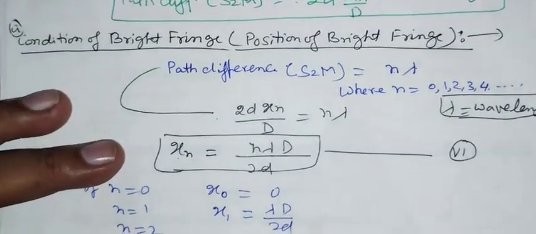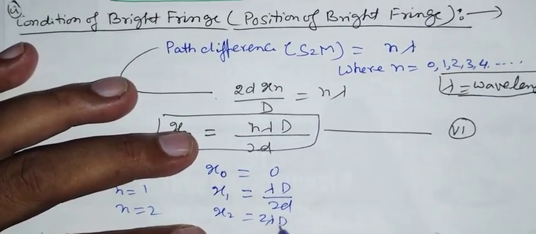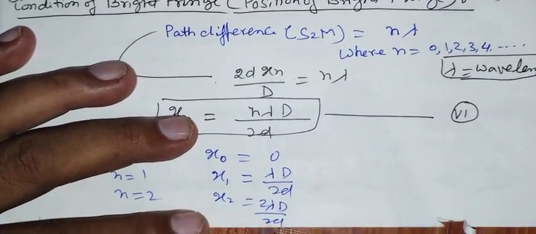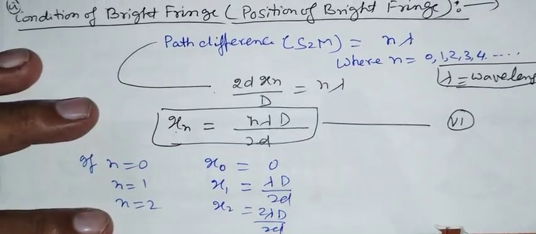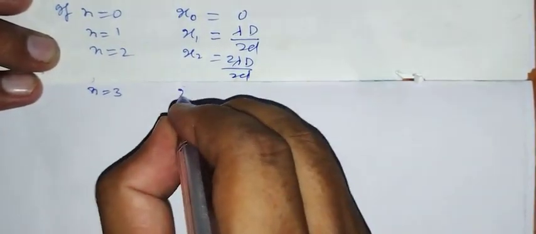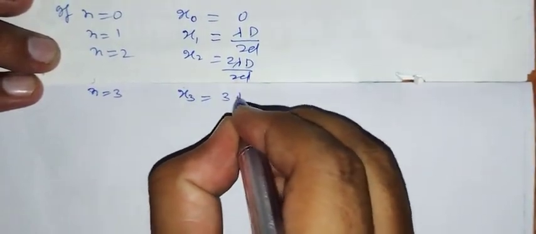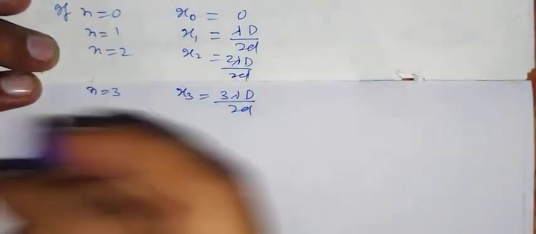N is equal to 2: x2 is 2 lambda D by 2d. Right? N is equal to 3: x3 is equal to 3 lambda capital D by 2d. Right? And so on.